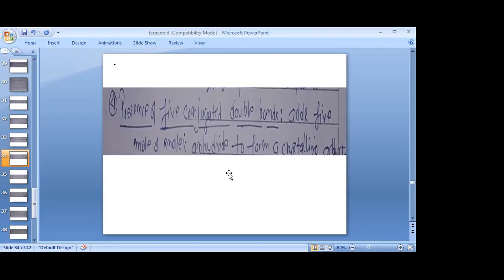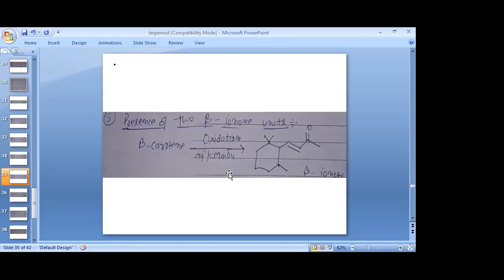It means 5 conjugated double bonds exist in beta carotene. This is an important reaction which confirms that 5 conjugated double bonds exist.